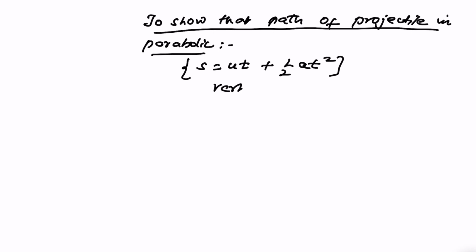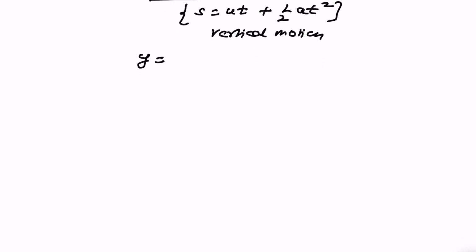Considering the vertical motion, s can be written as y. Since I am taking the vertical motion, I will take uy as the initial component of the velocity into time t. If the body is going upward, a can be taken as minus g, so minus half g into t square.